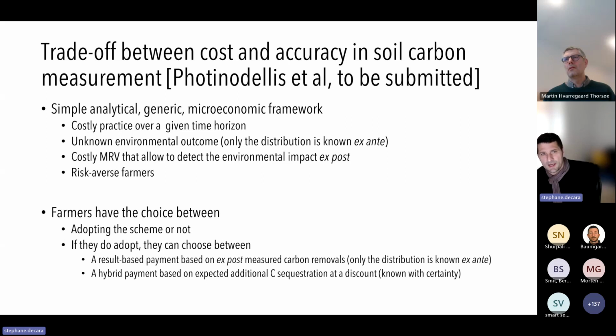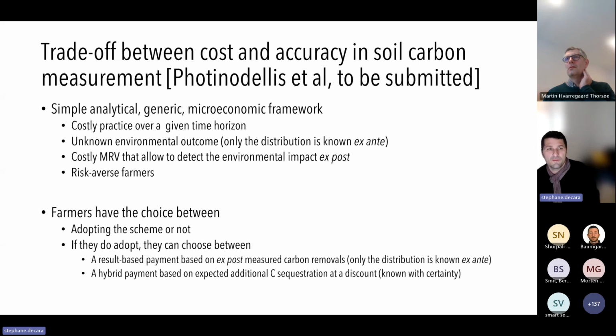So that's a simple analytical microeconomic framework. You have a costly practice over a given time horizon. In the simulations I will show, that's 10 years. That's in the range of what Martin presented before. You have an environmental outcome, which is the additional carbon sequestration.